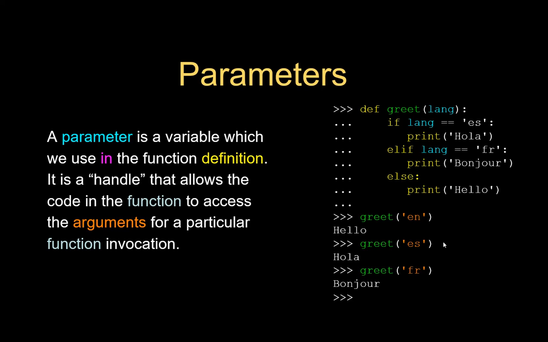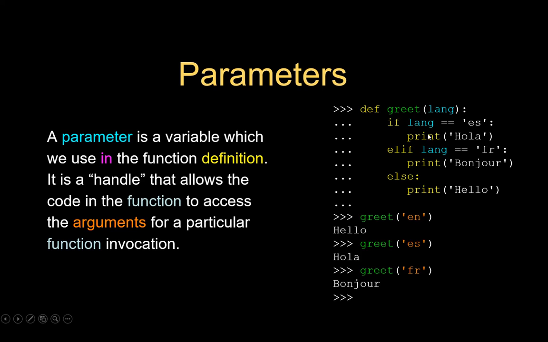So here, if you notice, we defined a function called greet with the argument lang. Whatever we send to this function as an argument will be stored in lang. So that's going to be the parameter that we have in this function.